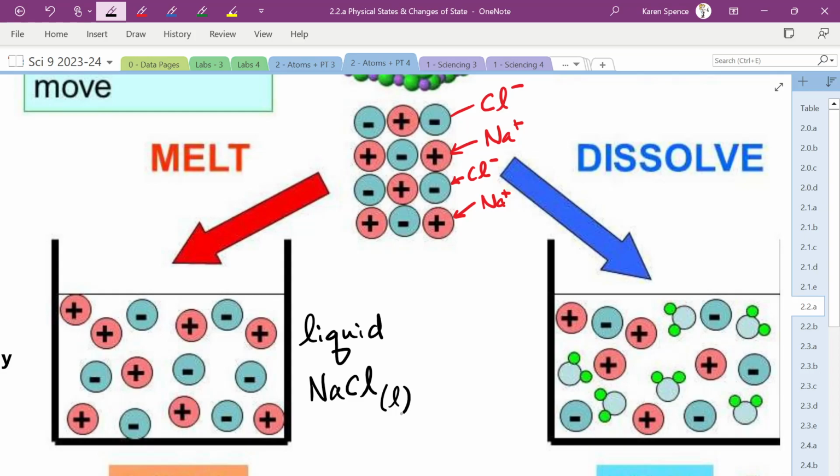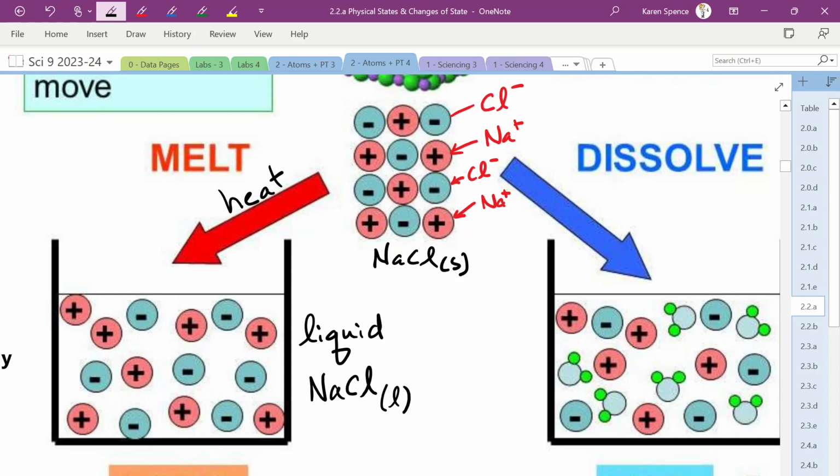And in order to go from NaCl solid to NaCl liquid, we have to melt it. How do you melt something? You have to heat it. So we heat it.